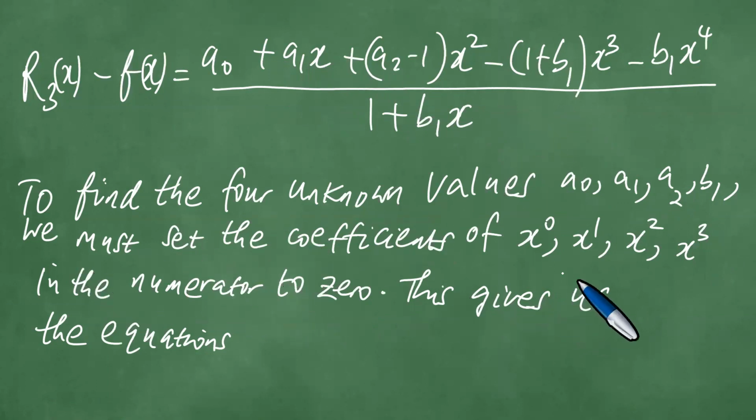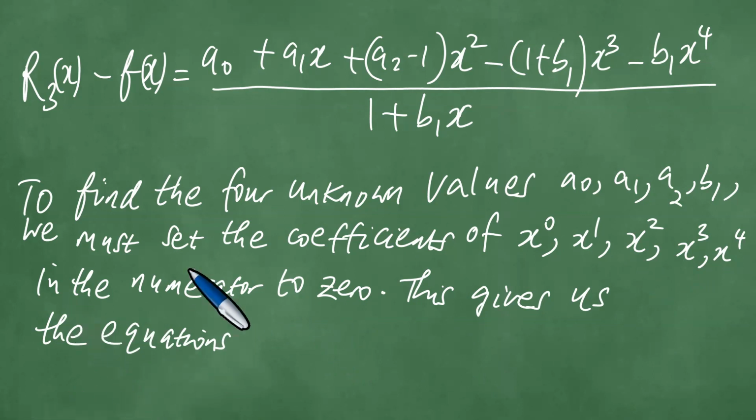We must set the coefficients of x to the naught, 1, 2, 3, x to the 4th power in the numerator equal to 0. This gives us the equations.